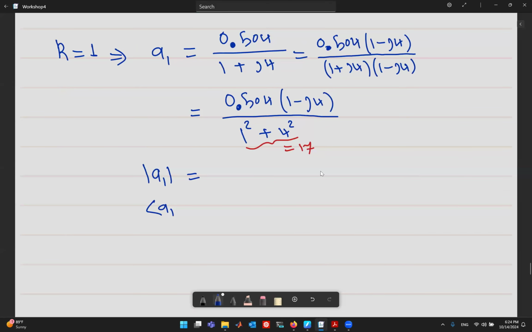The magnitude of a1 will be 0.504 divided by 17 times the magnitude of 1 minus j4.